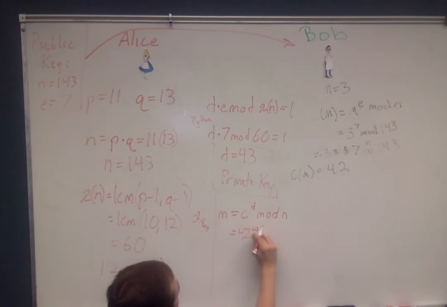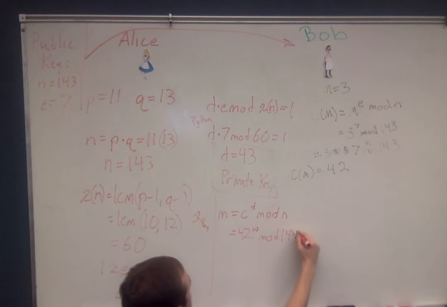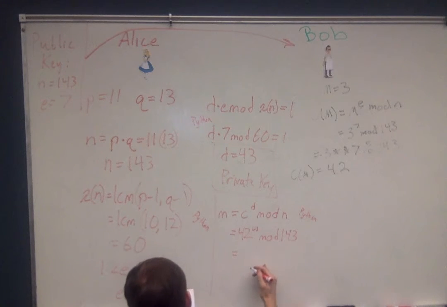Eve has no idea what this number is, so Alice uses 43, mod N, which is public, 143. You could use Python for this, and you're going to come out to the original message of 3.